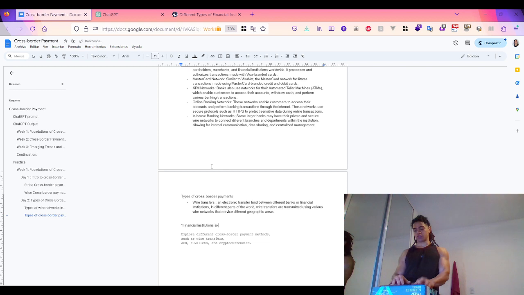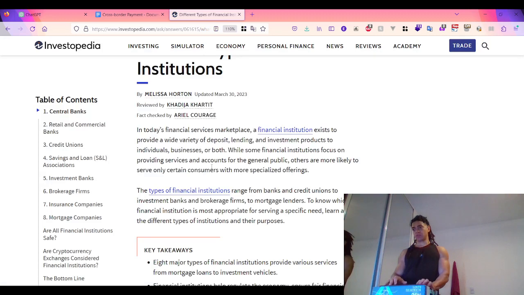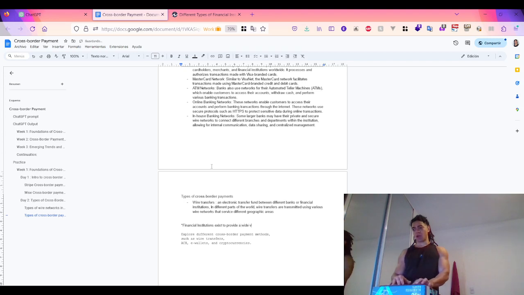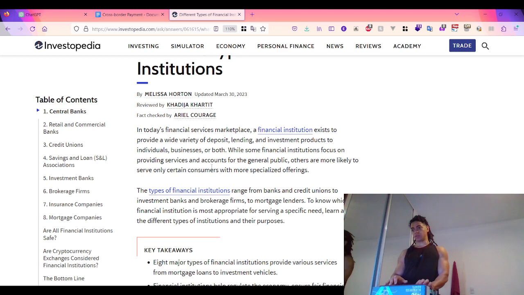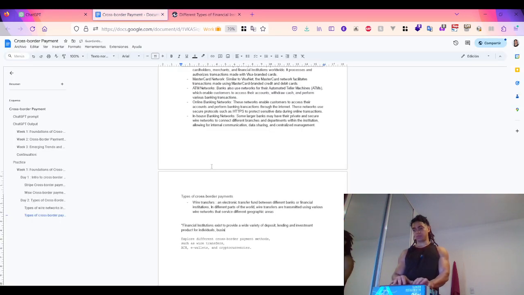A financial institution exists to provide a wide variety of deposit, lending, and investment products for consumers, individuals, businesses, or both.